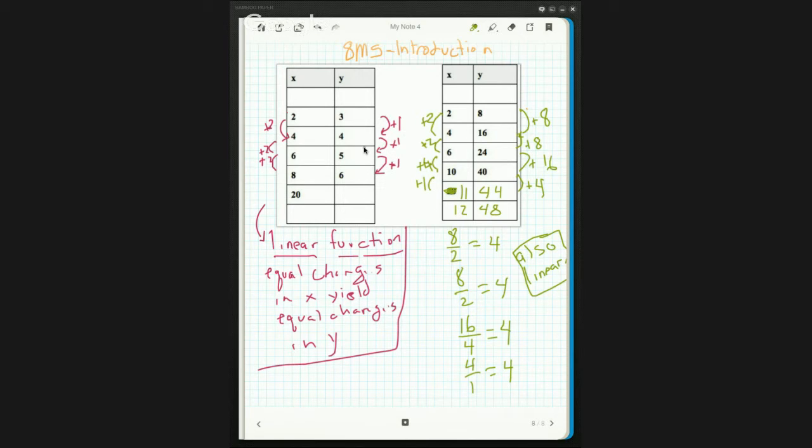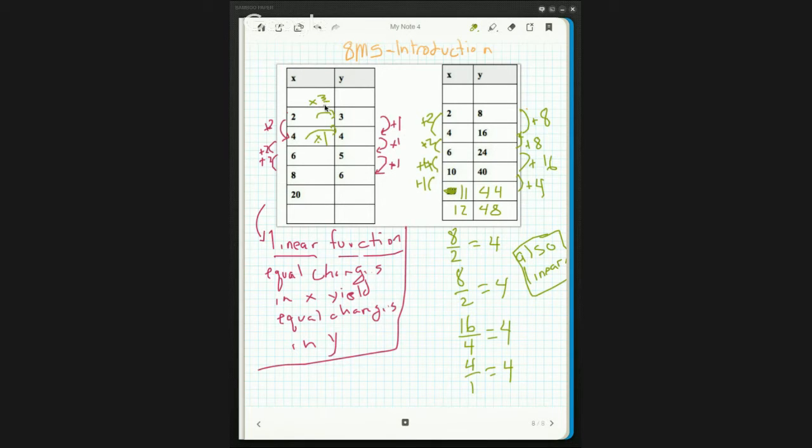And maybe you can pause the video and figure out by yourself why that's true. But the number that I have to multiply 4 by to get to 4 is times 1. But to get from 2 to 3 is times 3 halves.